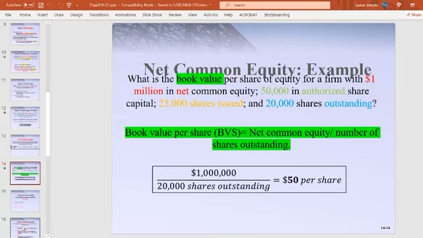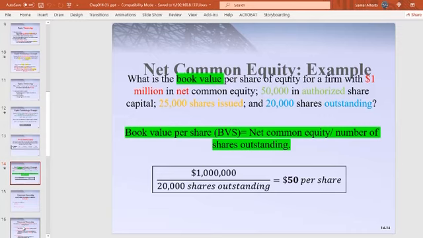Now, what we are looking for is the book value per share. Okay, we need the book value. This is the formula for it. If you think about it, book value per share is equal to net common equity, which you always divide by the number of shares outstanding.